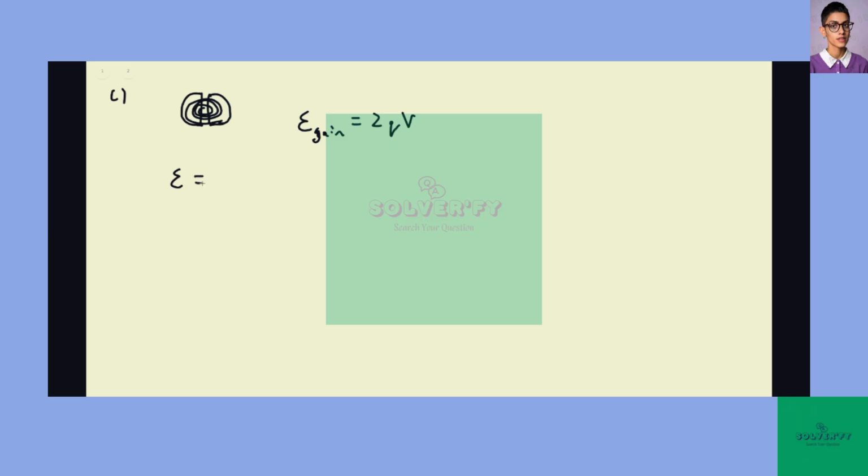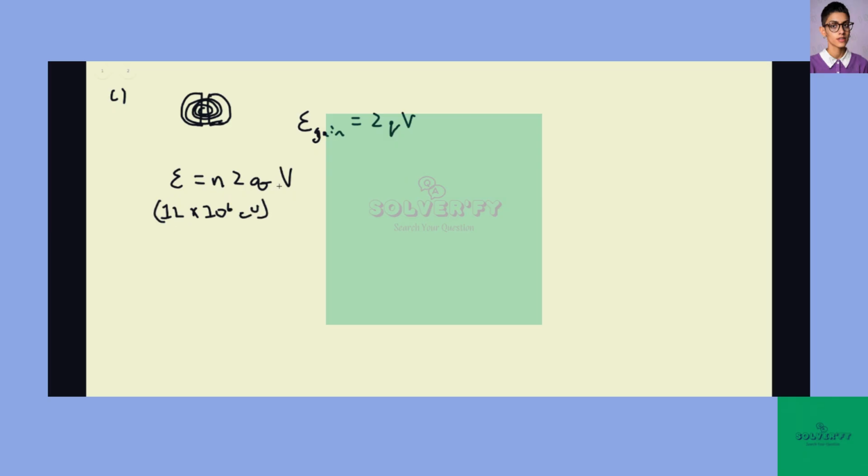is equal to N, the number of times it has to pass, times the energy gain in the field per pass, 2 times Q times V. So now we can plug in what we have here. The total energy is going to be 12 times 10 to the 6th electron volts.